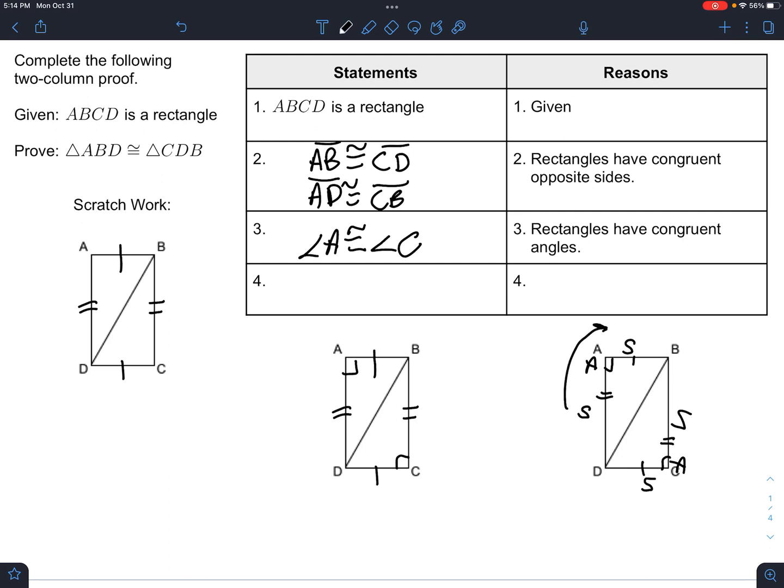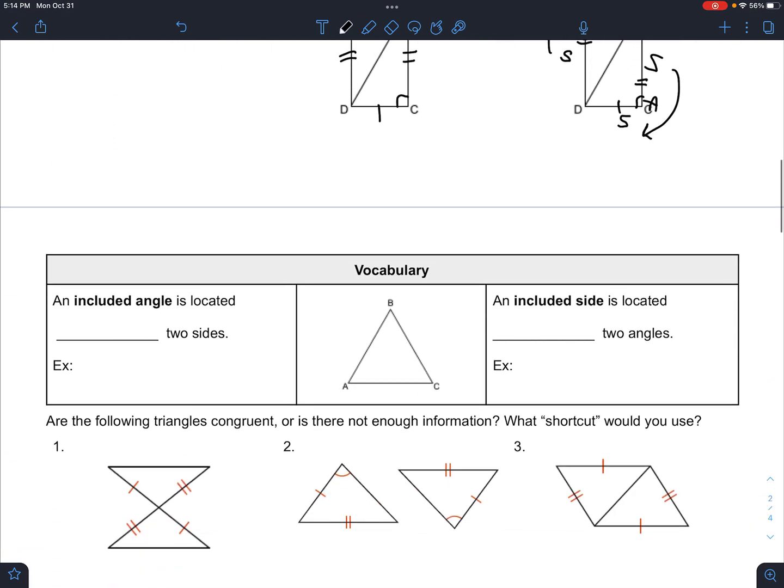You see how we have side, angle, side right in order like that on both? That means that these triangles here are congruent, not because we matched all three like we did in 4.1. All we need is just to match a side, an angle, and a side, where the angle's between the two sides.